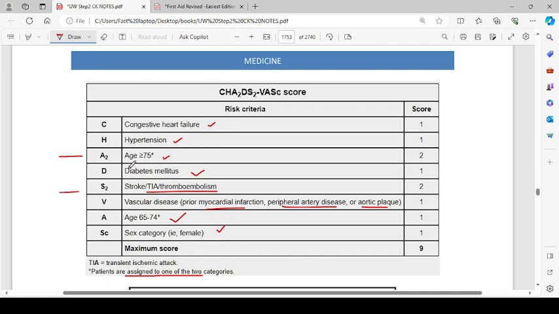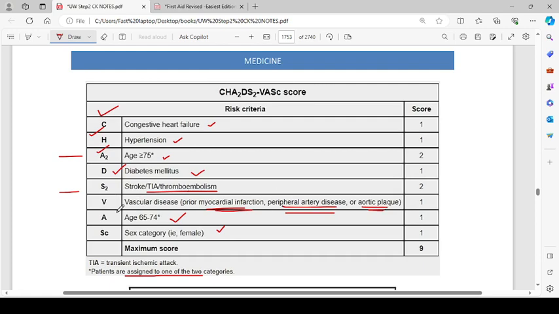So this is the CHA2DS2-VASc score. C is for congestive heart failure, H is for hypertension, A is for age more than 75, D means diabetes mellitus, S means stroke, TIA, thromboembolism, V means vascular disease, prior myocardial infarction, peripheral artery disease, or aortic plaque.